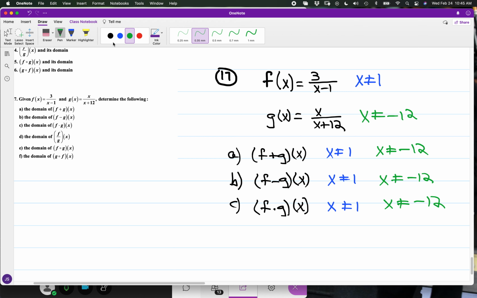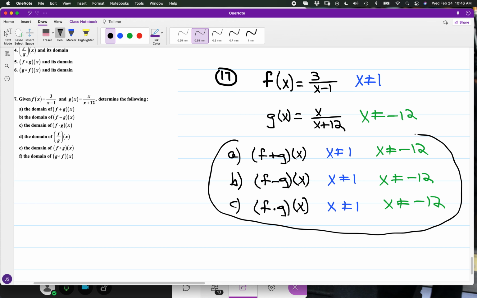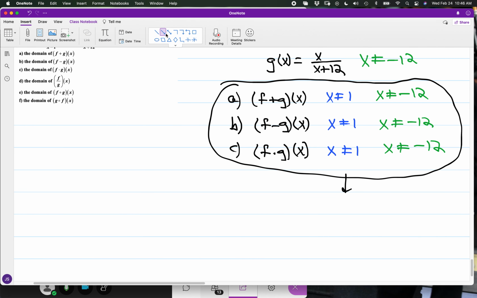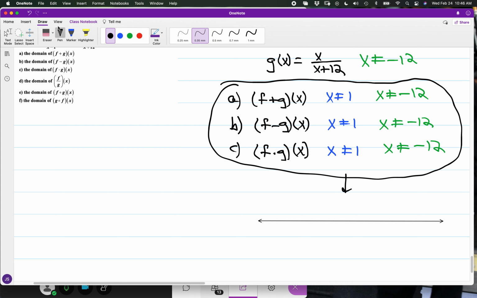And so for all 3 of these parts, again, these are going to have the same domain. And just looking at the overall picture, they got negative 12 and 1, so those are going to be left out.